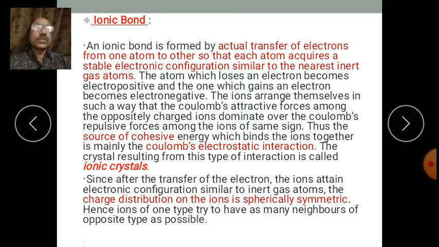Thus, the source of cohesive energy which binds the ions together is mainly the Coulomb's electrostatic interaction.